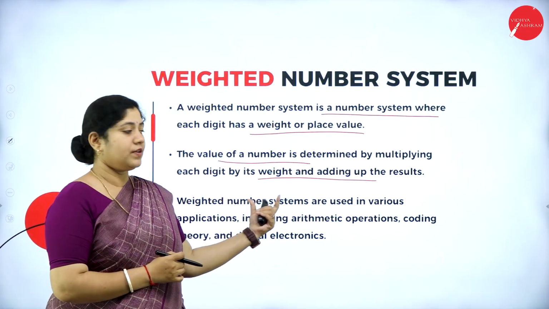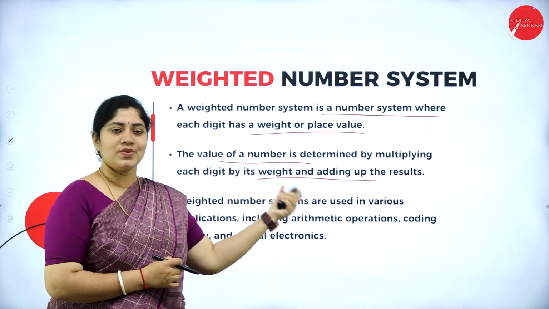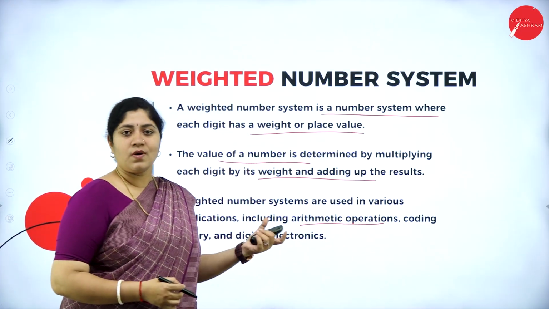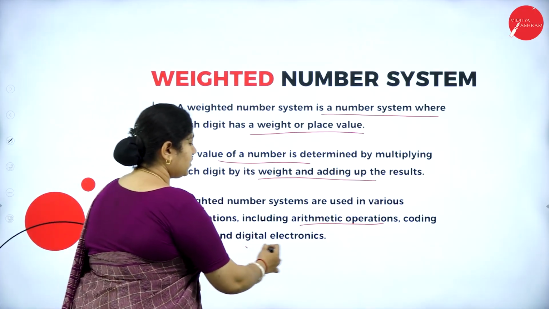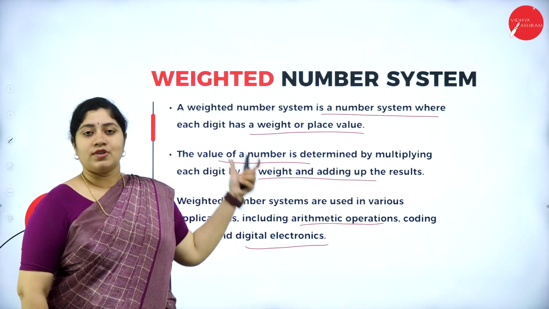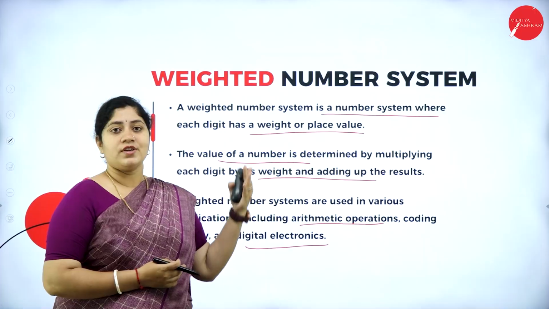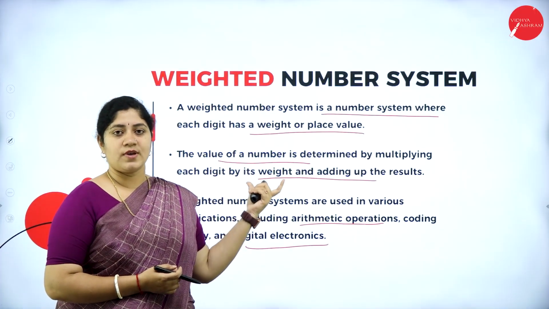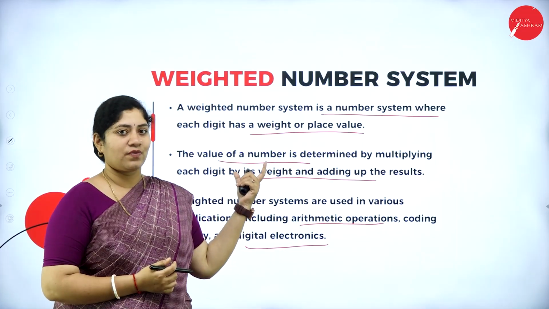Also, weighted number systems are used in various applications with arithmetic operations, coding, as well as in digital electronics. So this is nothing but weighted number system, and let me tell you, this is one of the important topics with respect to exams or internals point of view.